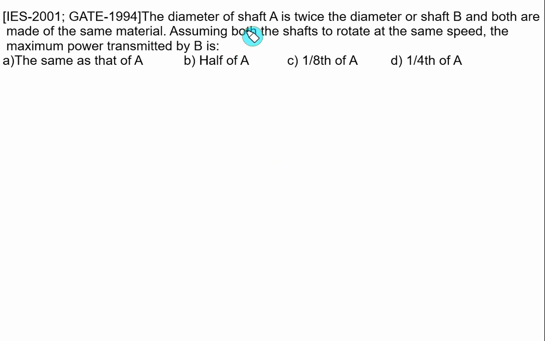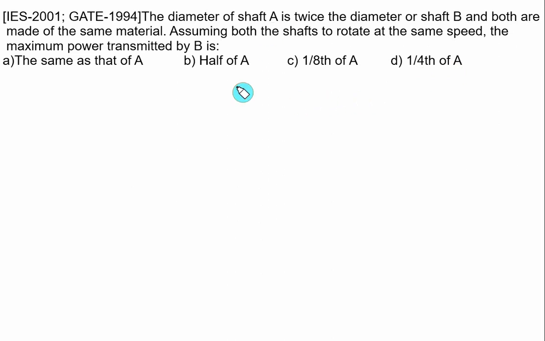The diameter of shaft A is twice the diameter of shaft B. Both are made of the same material. Assuming both shafts rotate at the same speed, the maximum power transmitted by B is the same as that of A, half of A, 1/8 of A, or 1/4 of A, that you have to find out.